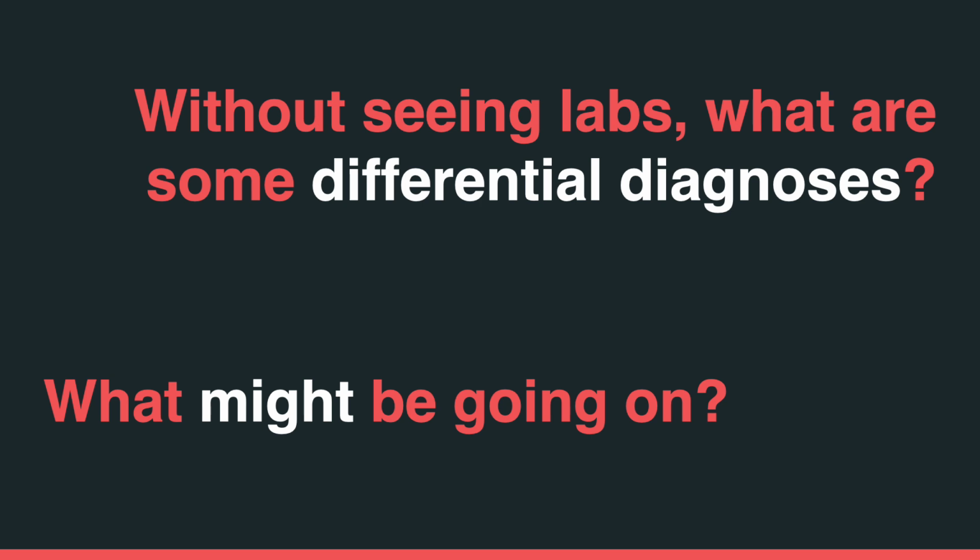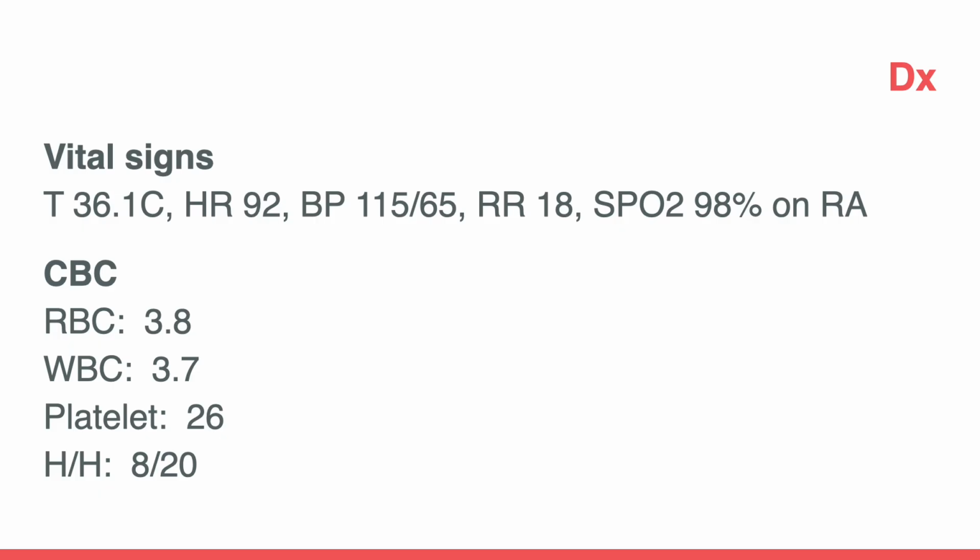Did she have some trauma? We're looking at what might be going on and looking at some clues there of things that she reported. Vital signs are pretty much normal. Lower end of normal, I guess. And heart rate's 92, so it's trying to be tachy, but not there yet.